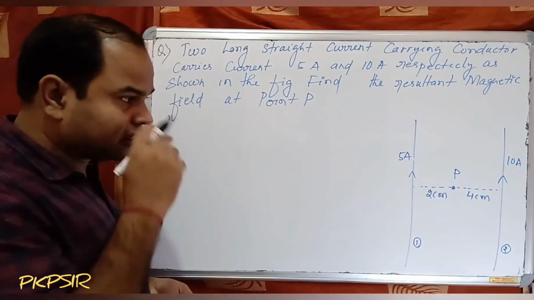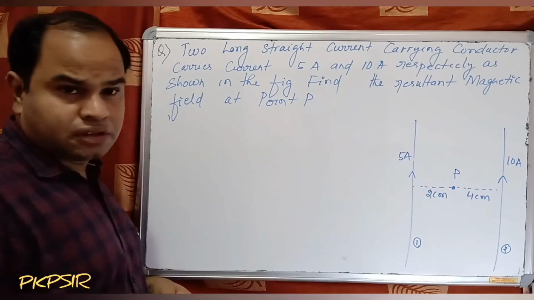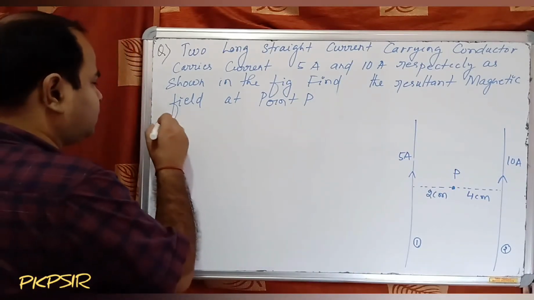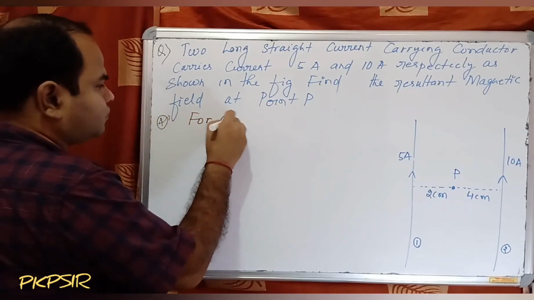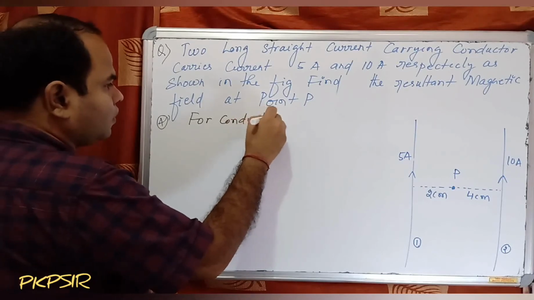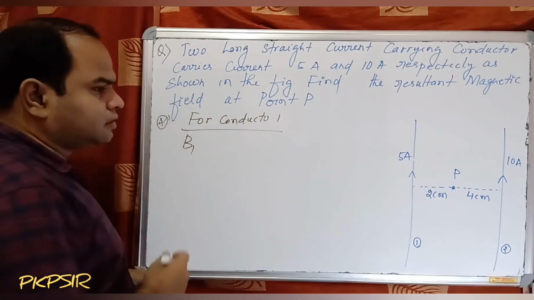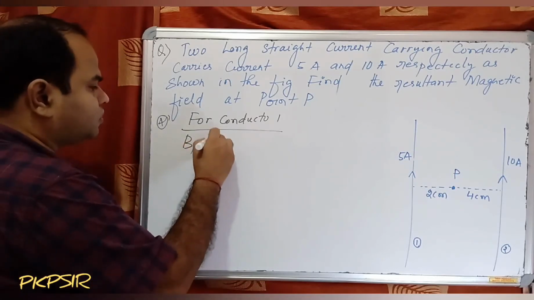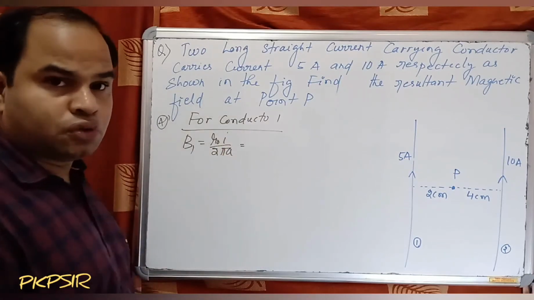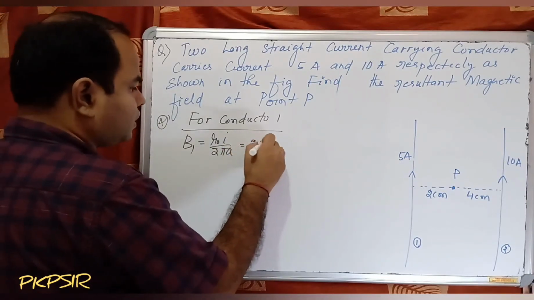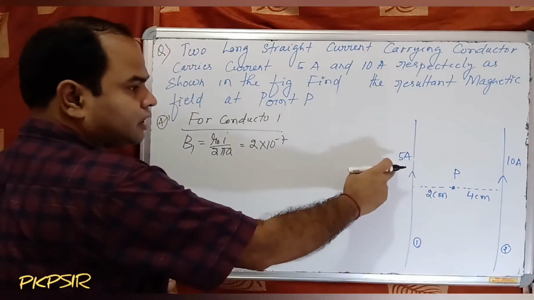So let us find the magnetic field at point P due to the first conductor, carrying 5 ampere current. Okay. So for conductor 1, how much will the magnetic field be? Let us say it is B1. B1 is mu naught I by 2 pi A. Mu naught by 2 pi is 2 into 10 to the power minus 7. Distance is 2 cm. Current is 5 ampere.